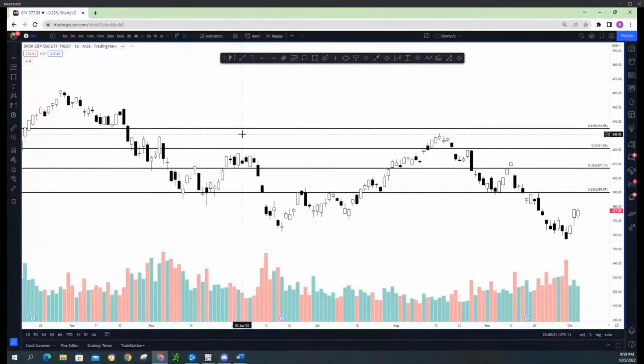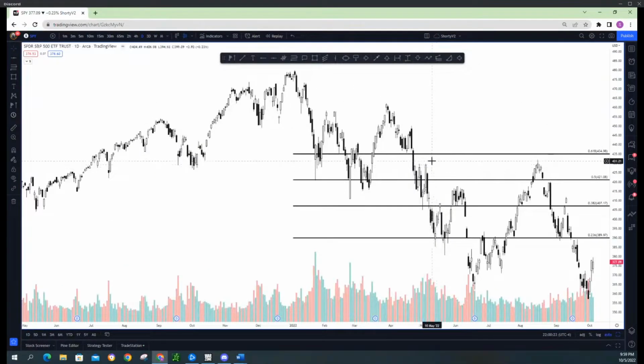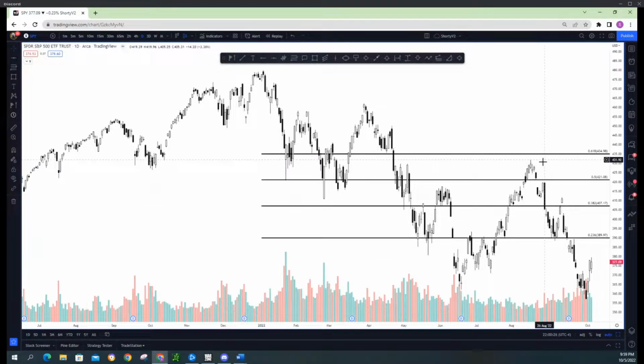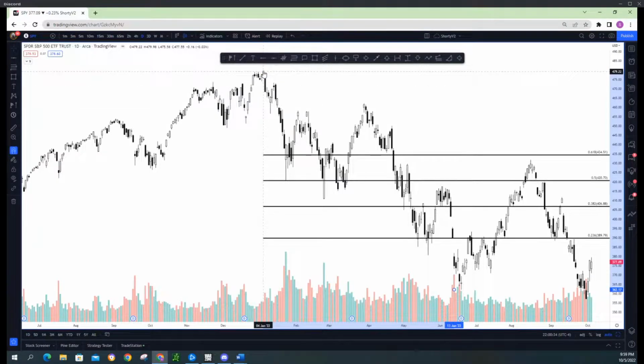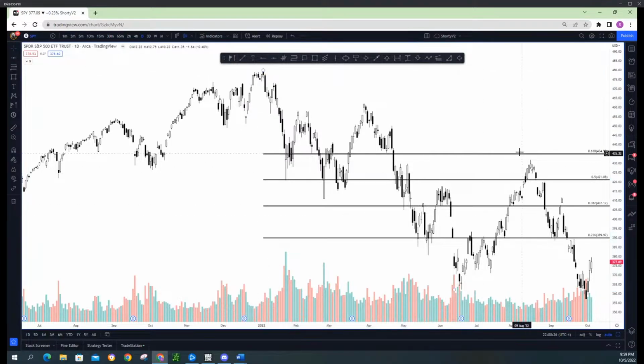It came very close to it for a rejection. So most traders would not take that one. They wouldn't expect it to be there if you're a fib trader. But that would be the right approach.